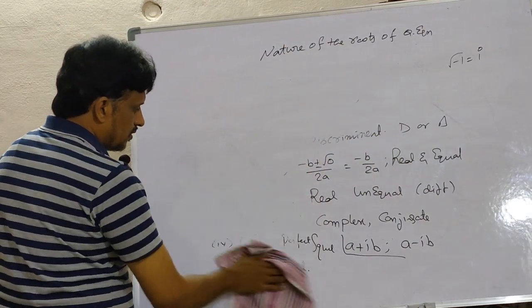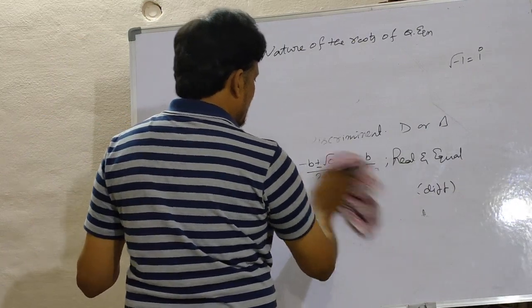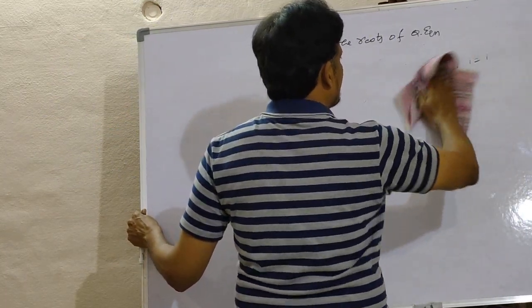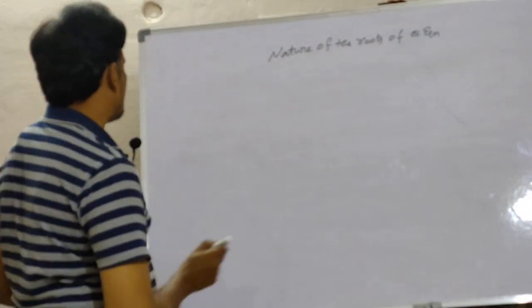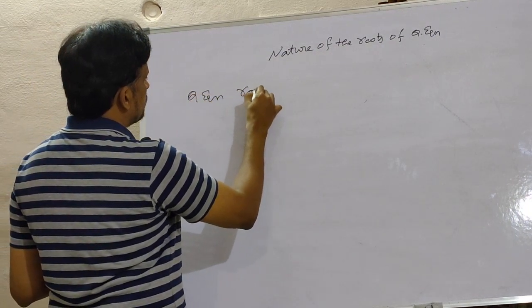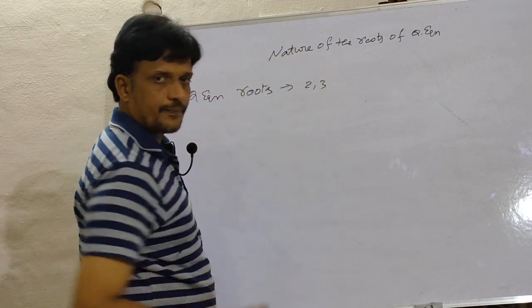And now a few examples of how to solve the quadratic equation by using factorization, and how to form the quadratic equation. When the roots are alpha and beta, you can write the equation. For example, here I want to write one quadratic equation with roots 2, 3.